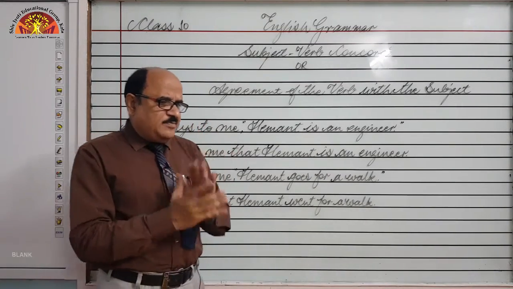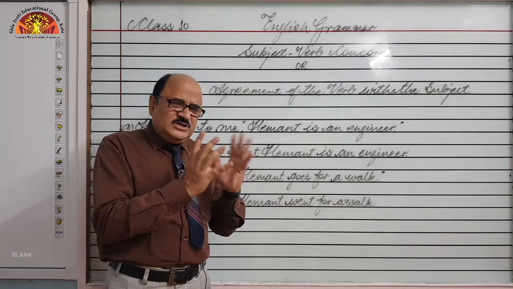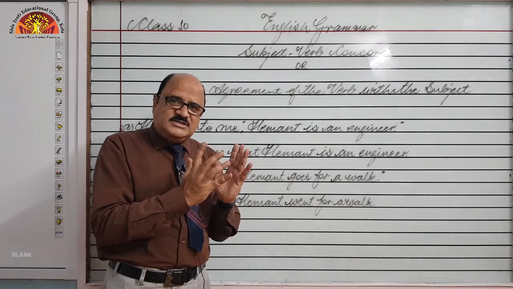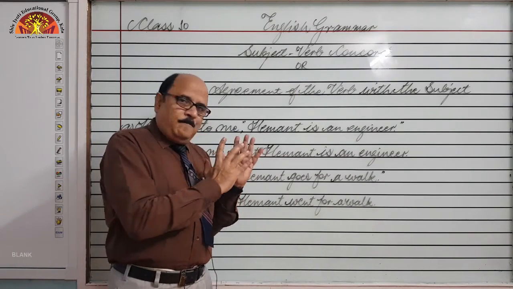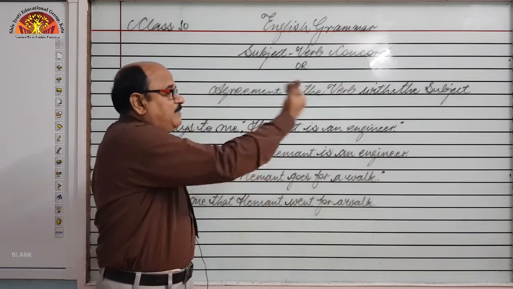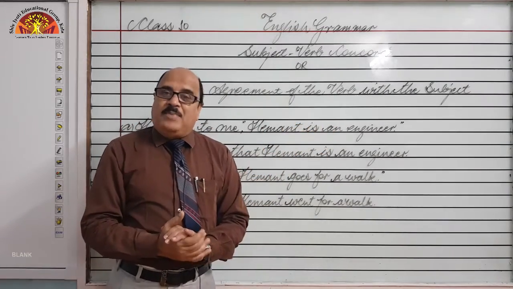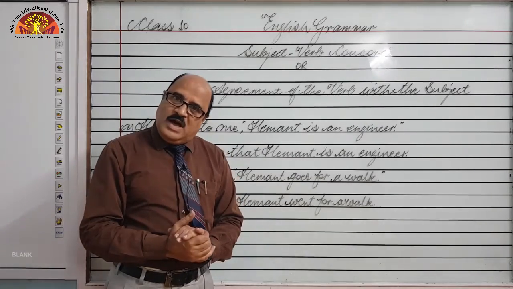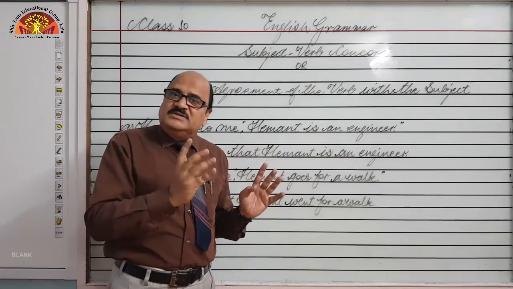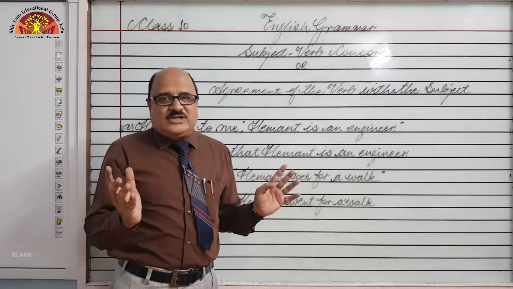So, in a nutshell, let me tell you, if the first clause of a sentence is in past tense, then the remaining clause or clauses will also be in past tense or past form, unless there is a universal truth or factual truth.